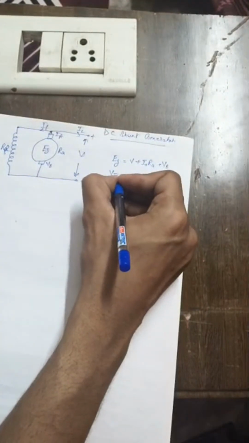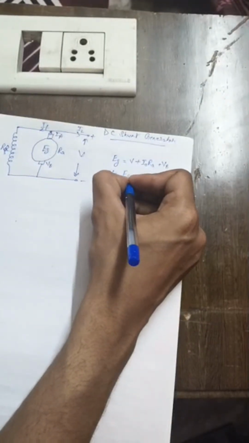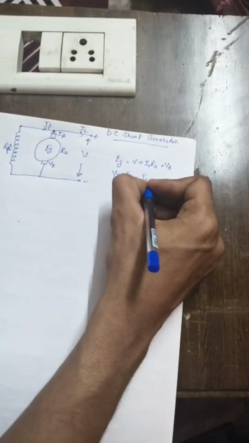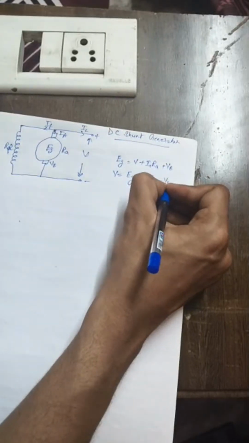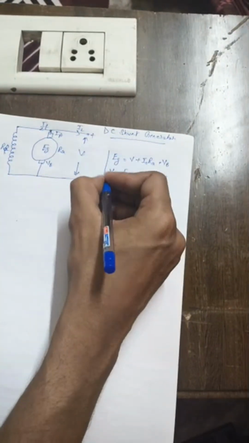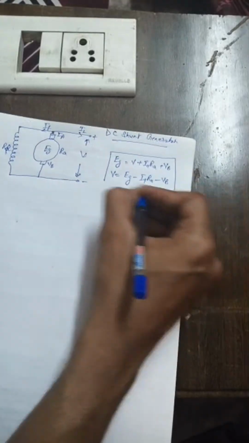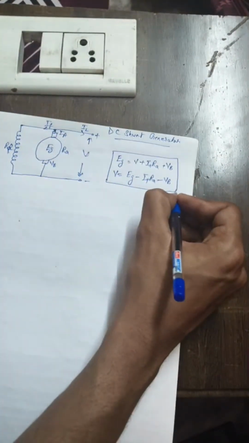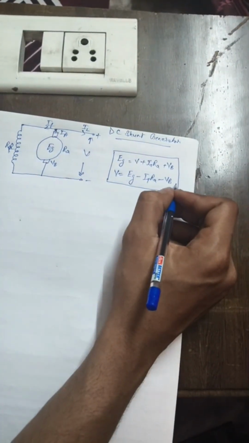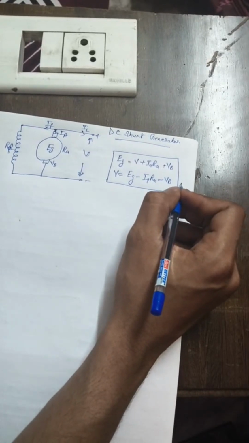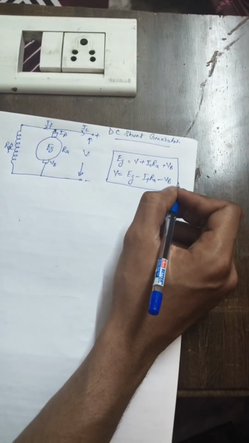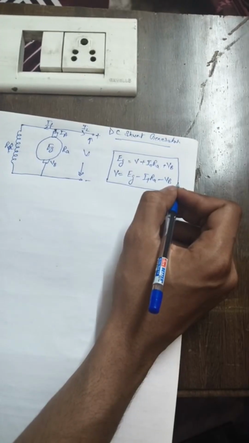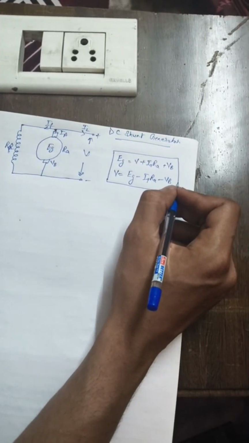So from this, the terminal voltage will be equal to the generated voltage minus losses. These equations are used in numerical analysis of DC machines, whether we have to find the terminal voltage, generated voltage, armature current, armature resistance, field current, field resistance, anything.